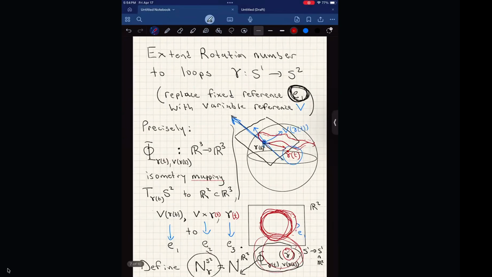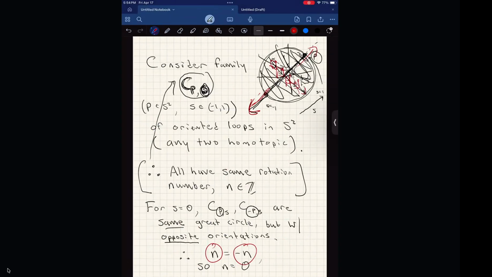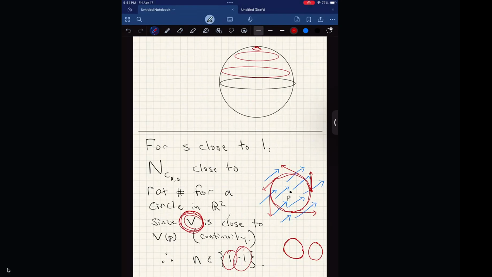So I'm not really answering your question. I did something fairly soft, which is I just showed that a convenient family of circles are all regularly homotopic.